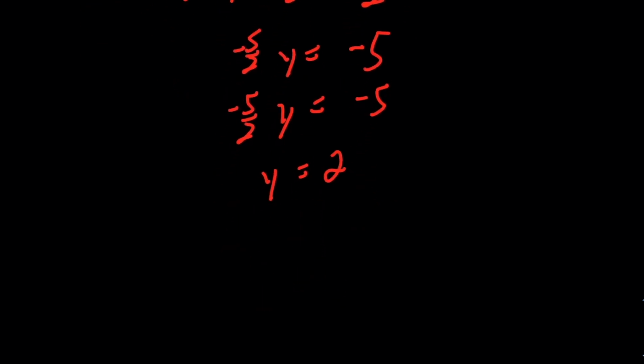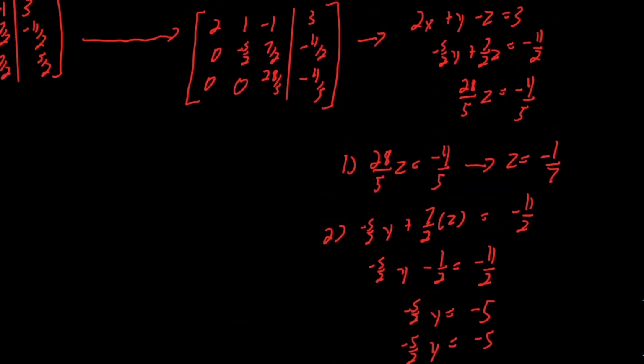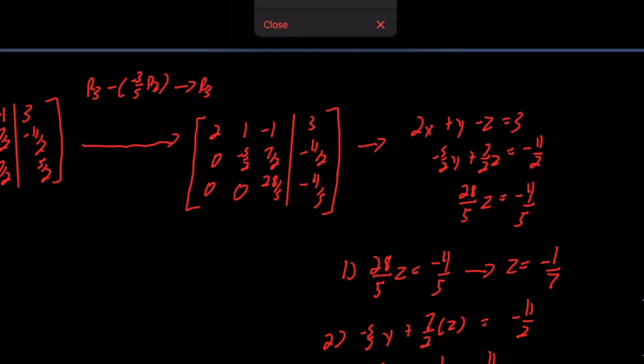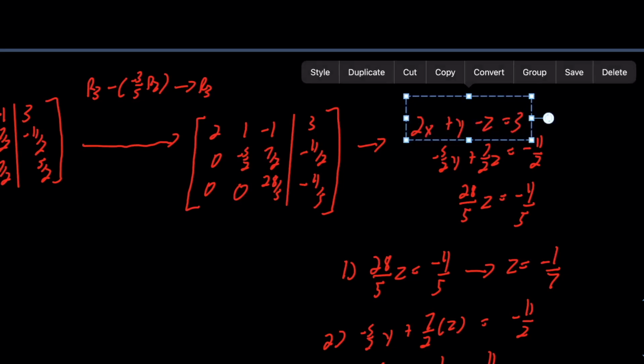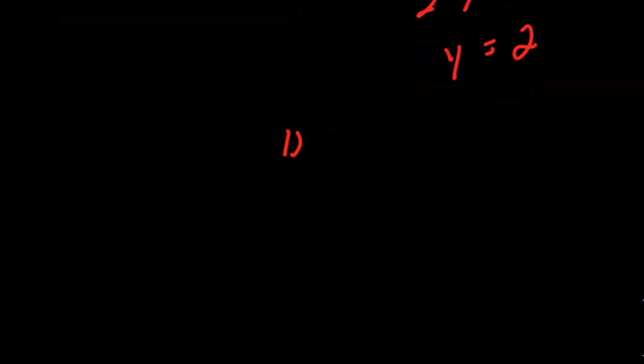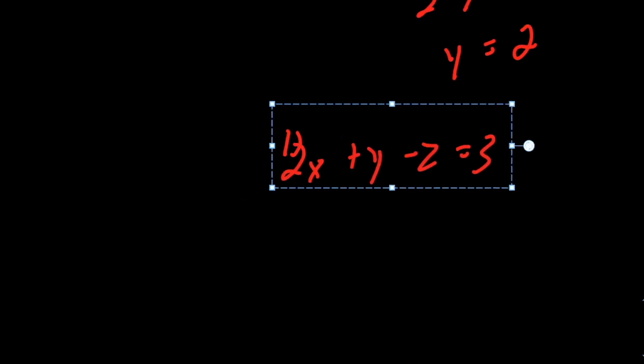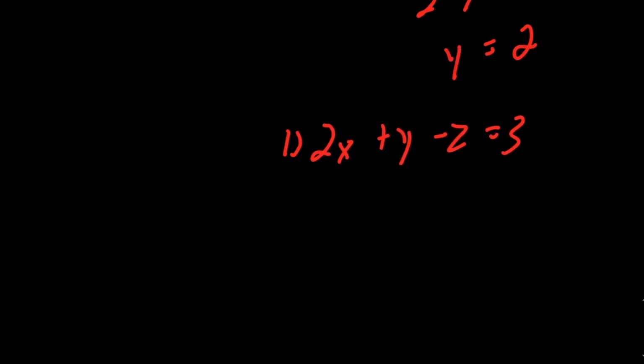Now, I said we were going to work our way up, and I actually meant it. So, first equation was this one right here. We're going to bring that down. So we have our x and we have our y and z variables.